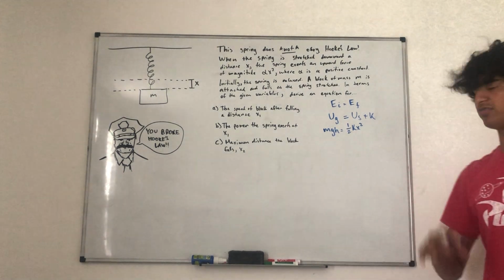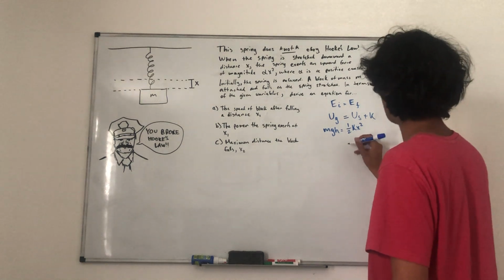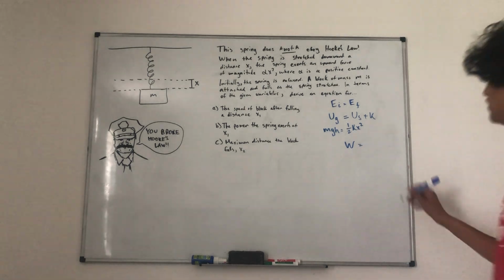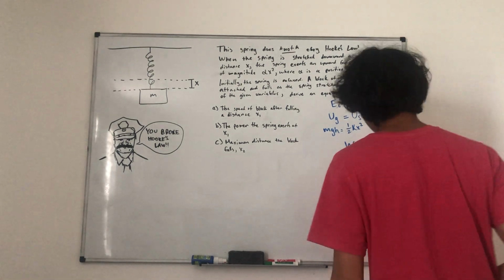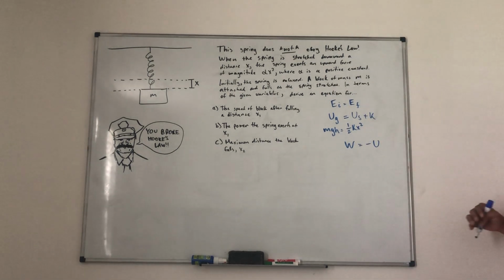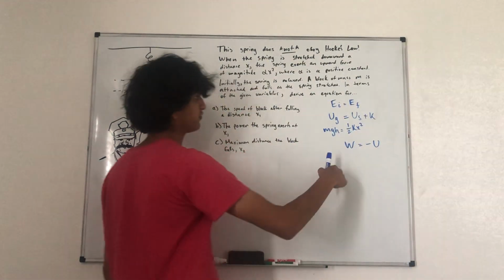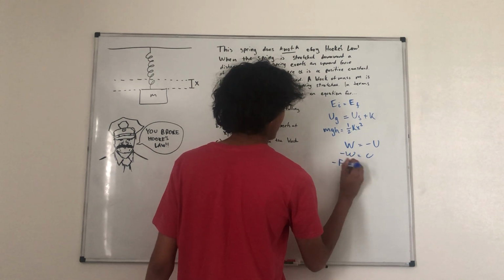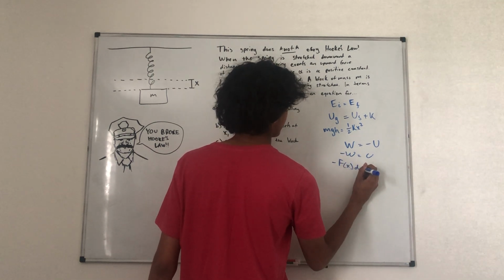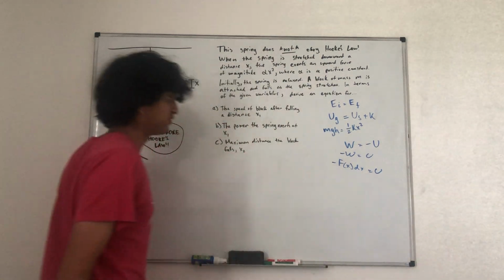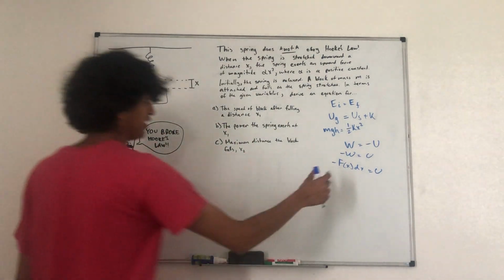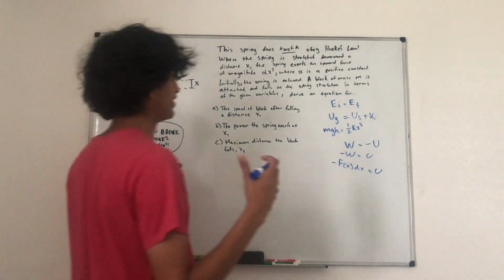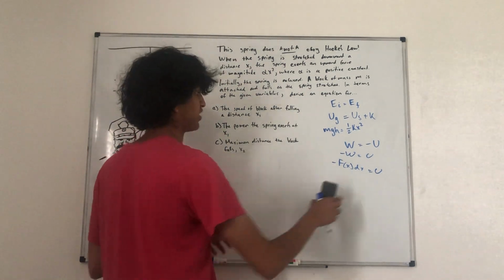I'm phrasing my thoughts a little wrong here. We know that the work done by a conservative force is equal to negative U. Negative work is equal to the potential energy, which means negative the integral of F of x dx equals U.